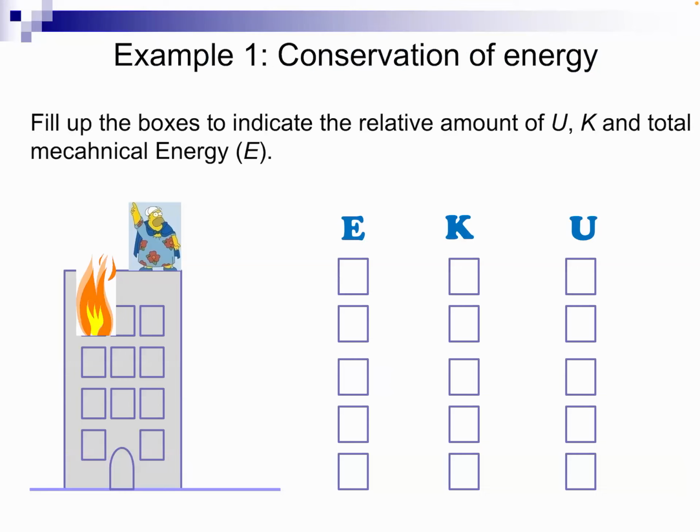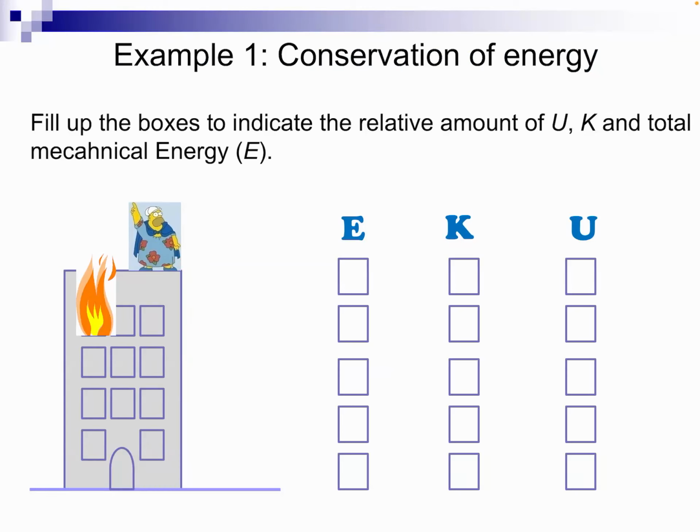So let's look at this conceptual example to see the relationship between total energy. E is the total energy, K kinetic energy, U potential energy. So let's look at the scenario where you have Homer Simpson in a burning building. He went up to the roof and he's now trying to decide whether he'll jump down to the ground or not.